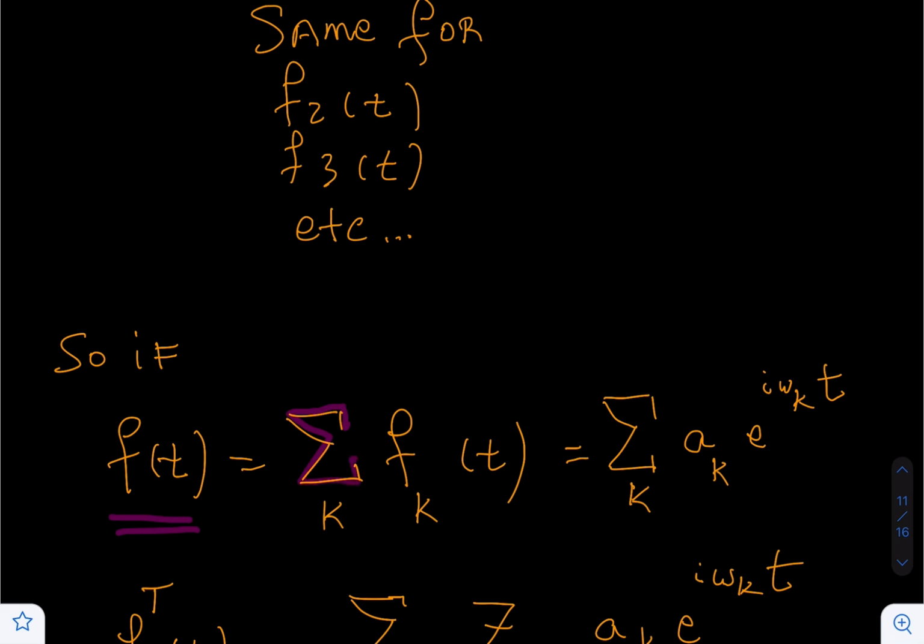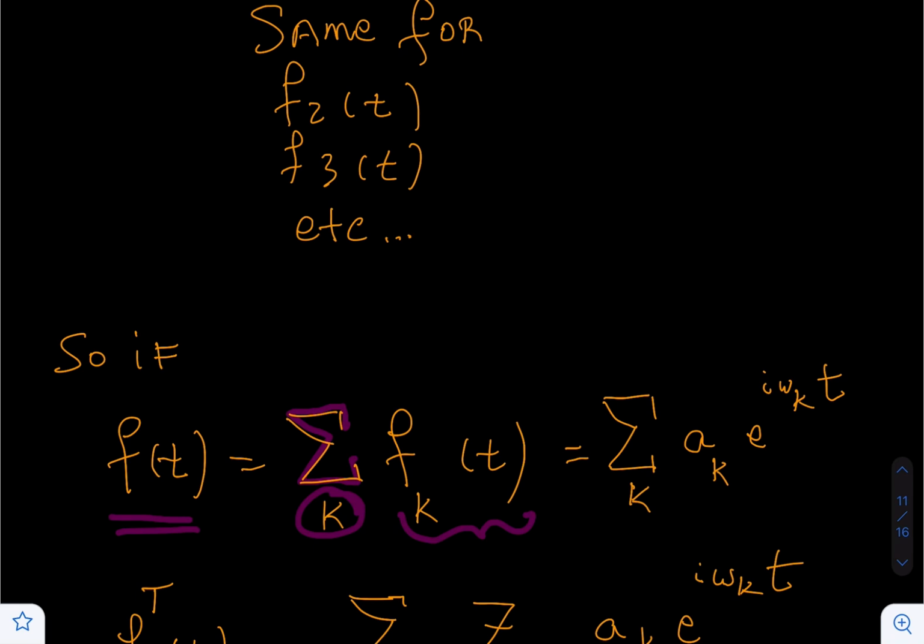A sum over different frequencies of all kinds of different tones. And all these different tones can have different amplitudes. So you can put a signal together and say, I'm going to put a little bit of 440 hertz, add a little bit of 1000 hertz, and then add different tones, and depending on the amplitude of each one of them, you're going to get a different signal.